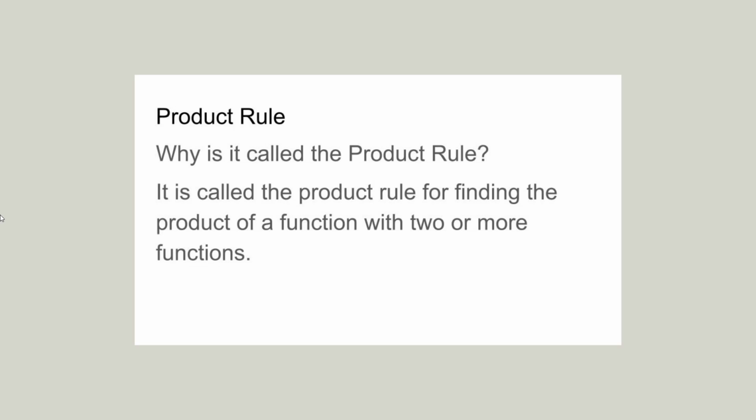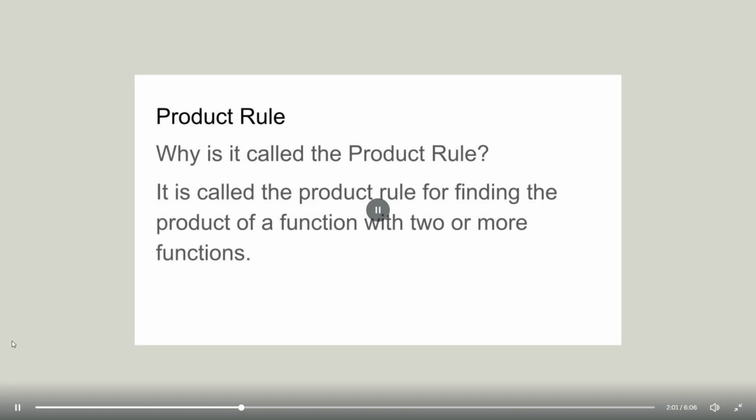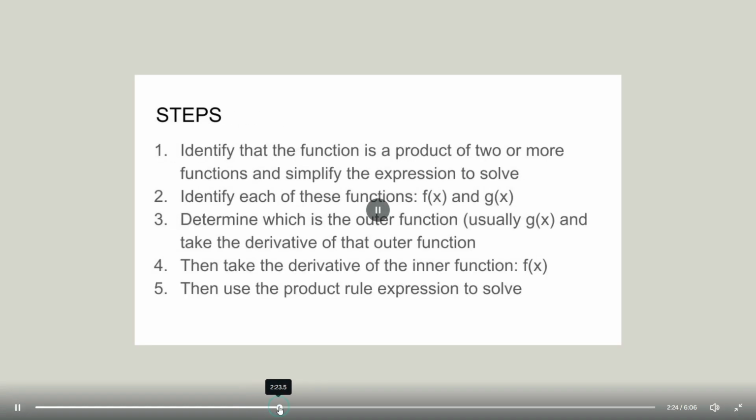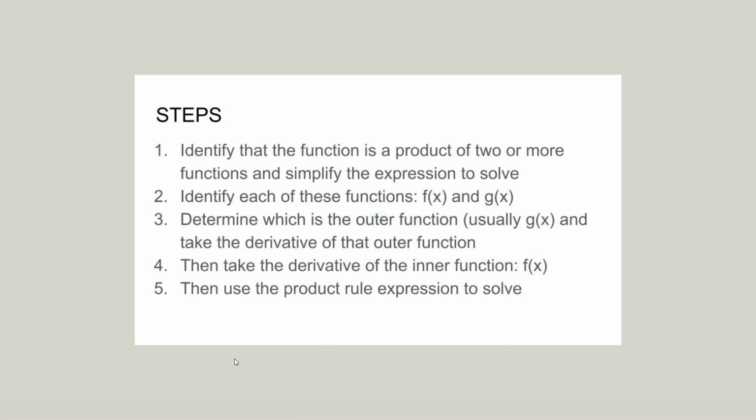And so the product rule is the multiplication of these two functions and deciding what the outcome of this process is. The steps are that we identify that the function is a product of two or more functions, and then we simplify the expression to solve.